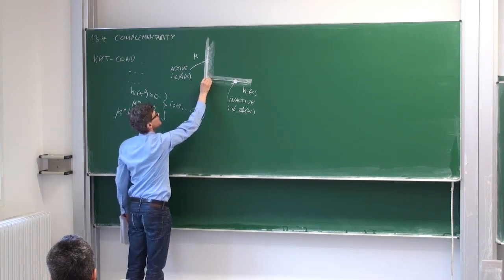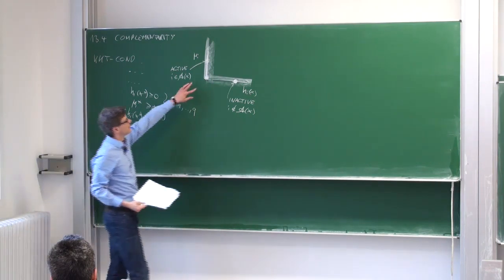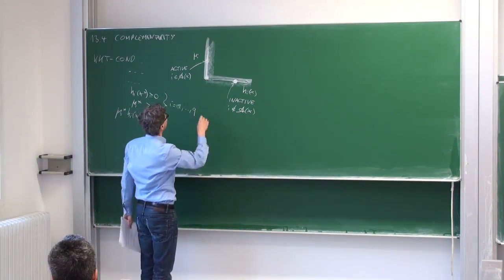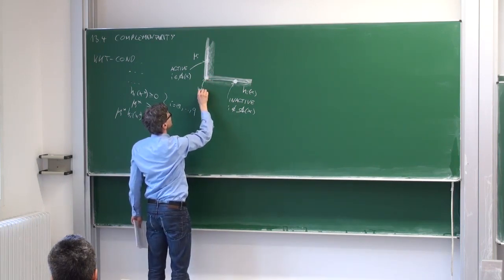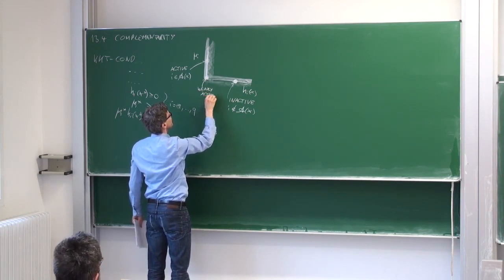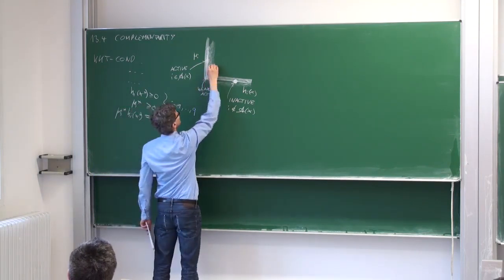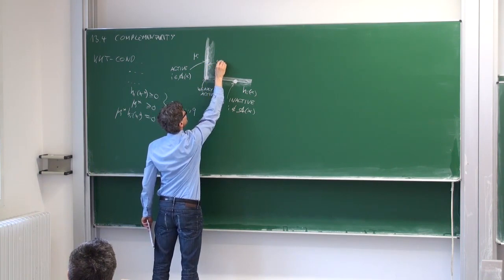But now there's this interesting point, 0, where both things are 0, and we want to give a special name to this. We call it weakly active, because the multiplier is 0, and here, if it's excluding 0, we call it strictly active.